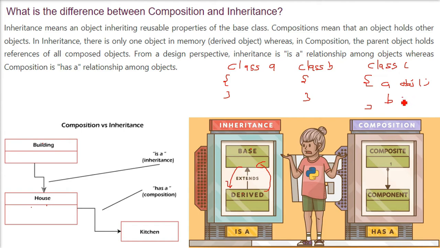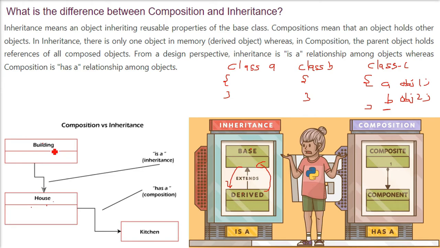But now you see, these two objects of two classes are member variables of class C. So now class C has A, class C has B. When a class is referring to another class through their objects, it is called a has-a relationship. So inheritance is an is-a relationship, composition is a has-a relationship.